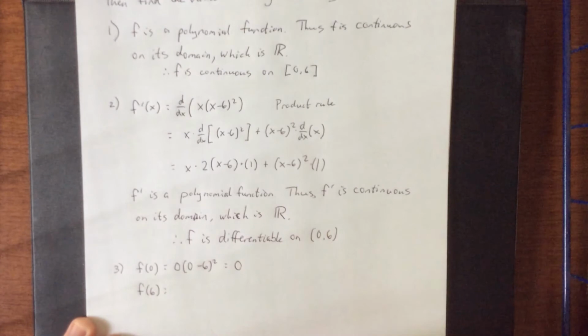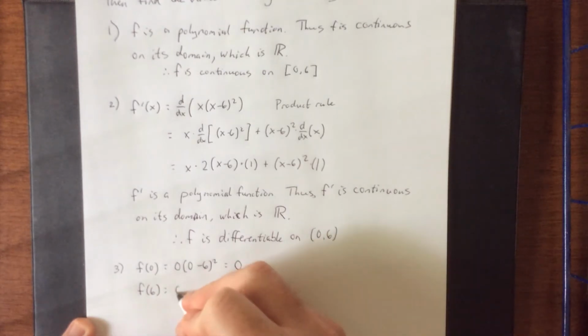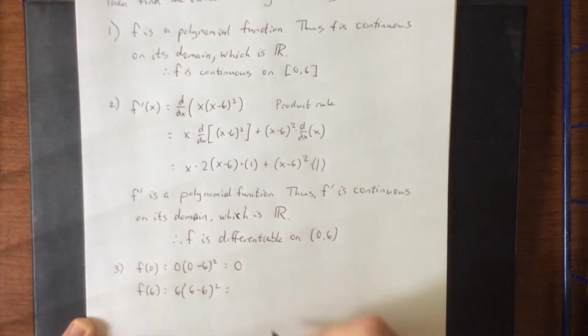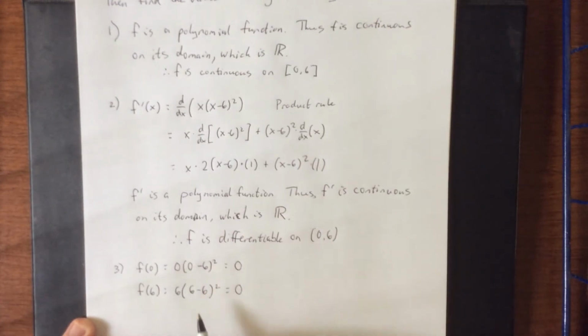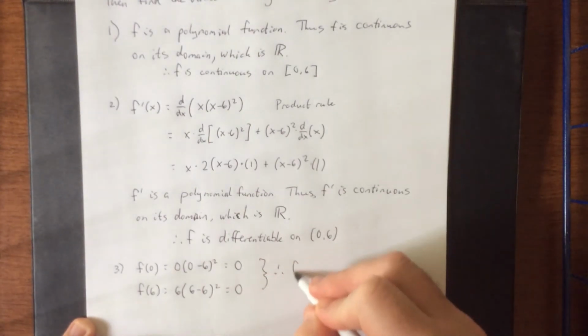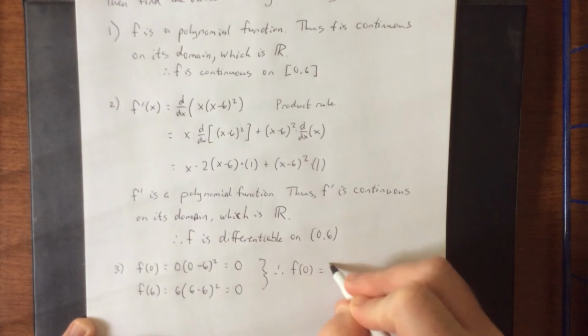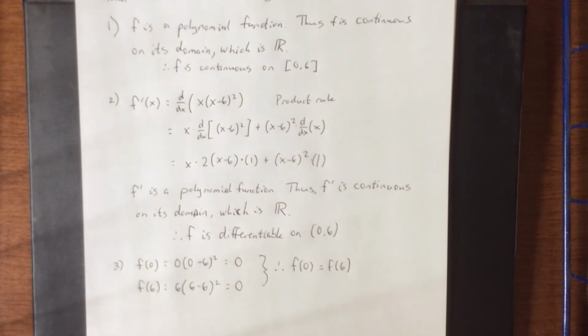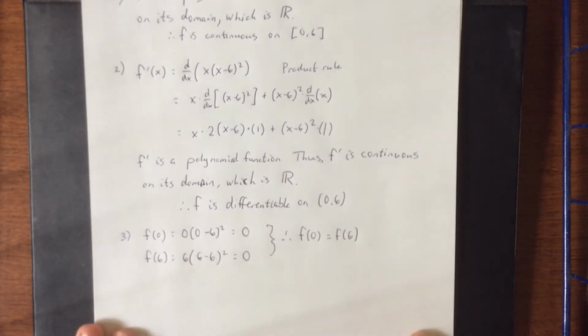Well, 0 times anything will be 0, so we're all set there. Then for f of 6, that'll be 6 times (6 minus 6) squared, and you'll notice that what we get inside the parentheses is going to wind up being 0. Therefore, f of 0 is equal to f of 6. Now, that verifies the three hypotheses of Rolle's theorem.